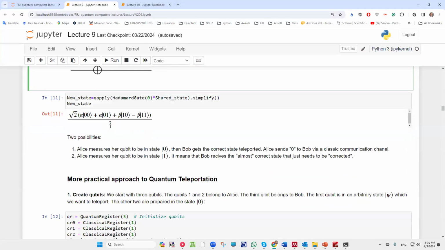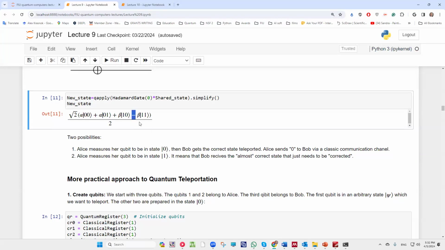This results in a teleportation of a quantum state to Bob. There are two possibilities here. First is to teleport the correct state, or there is a possibility to teleport the state which differs from the correct one by this minus sign.